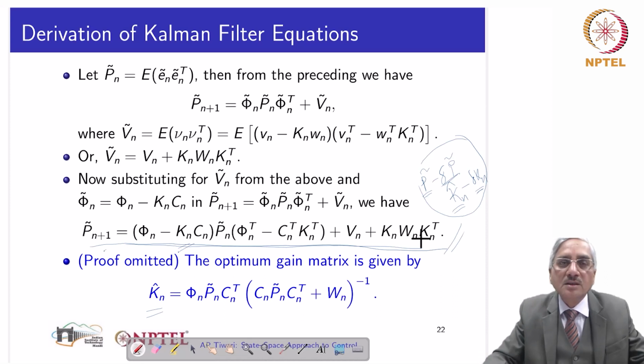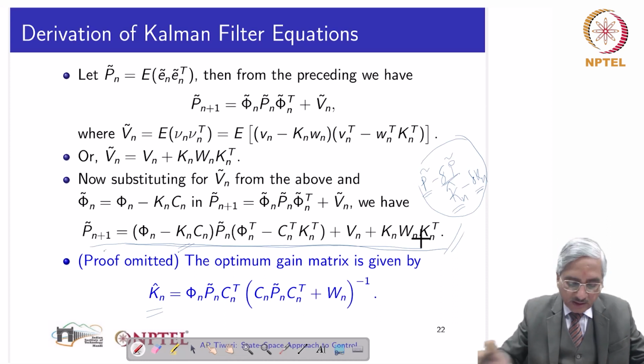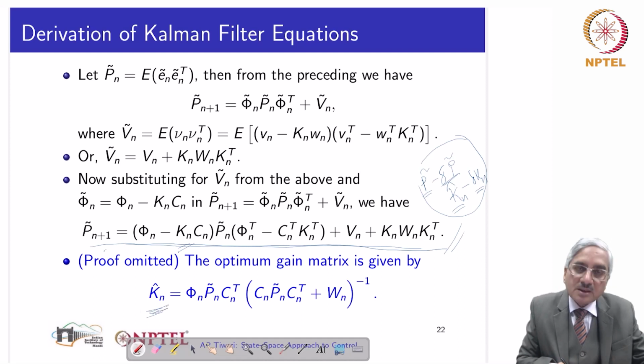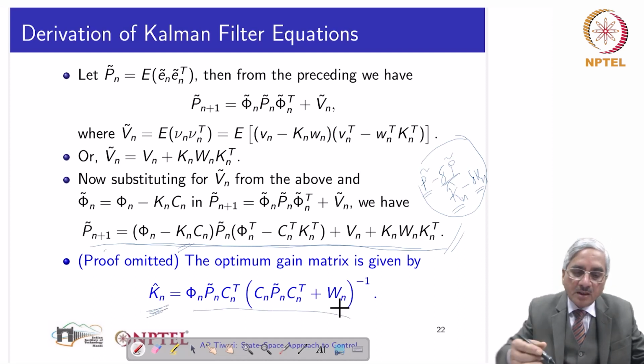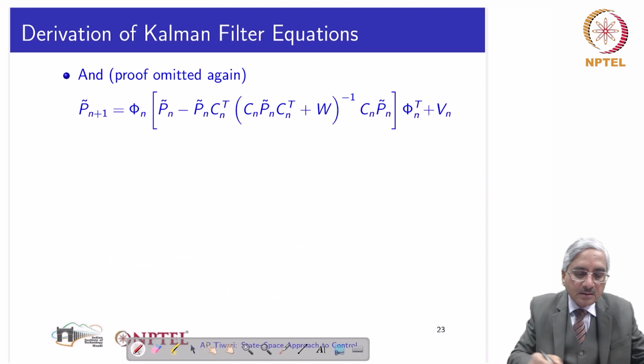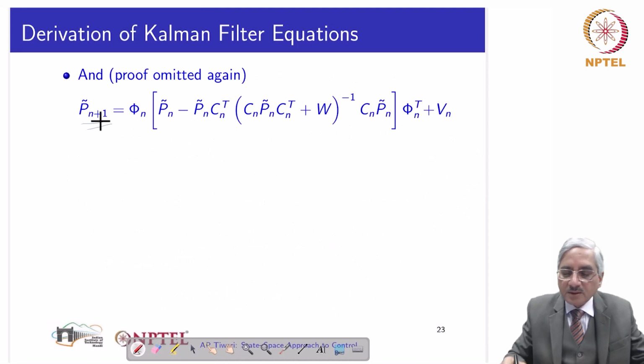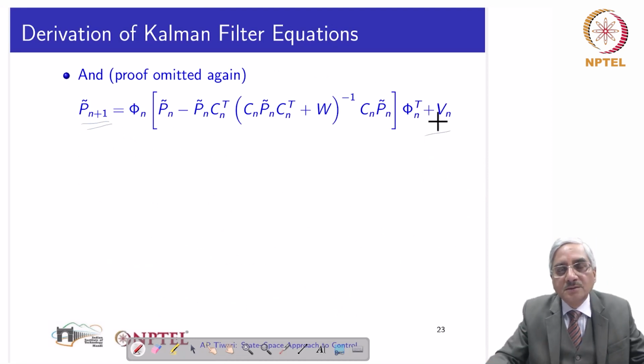We did a similar thing in the case of linear quadratic optimal control. Something on those lines, if we do, we will get optimal gain as this, and that Pn plus 1 like this. So as far as this lecture is concerned, we say that we will get this and we proceed ahead from that point.